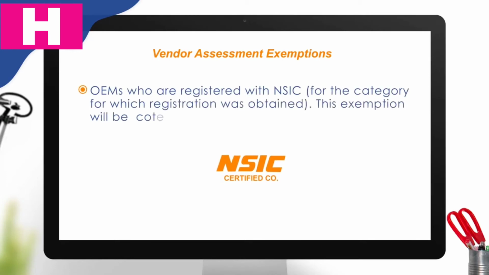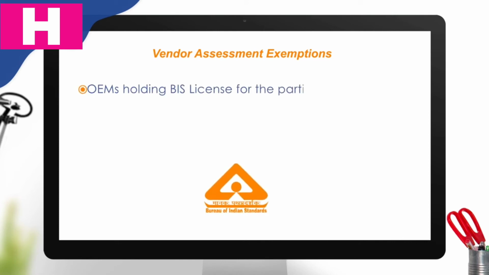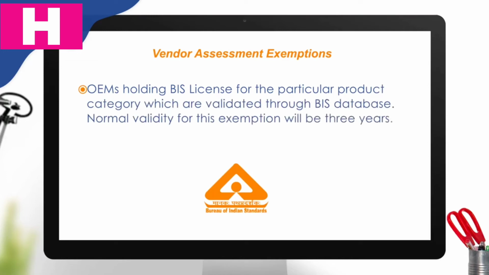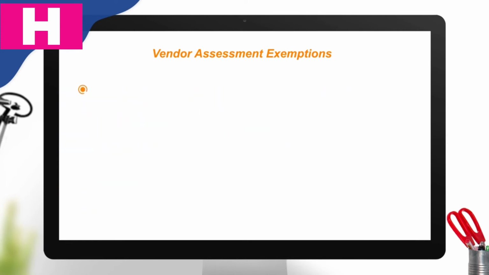This exemption will be coterminous with NSIC certificate validity. OEMs holding BIS license for the particular product category which are validated through BIS database. The normal validity for this exemption will be 3 years. Seller is mandated to notify GEM in case of cancellation of BIS license, and the exemption will be withdrawn.